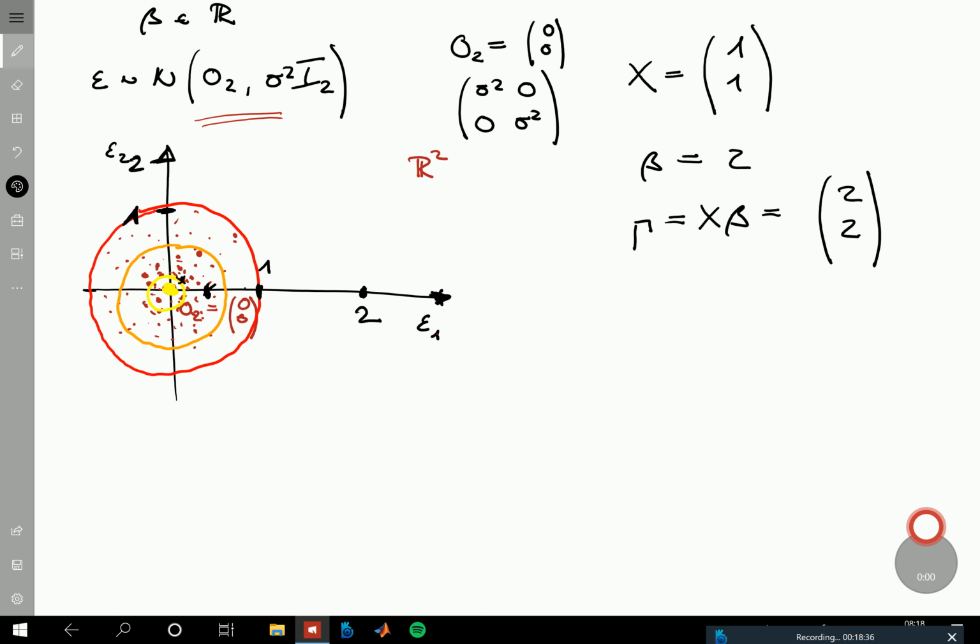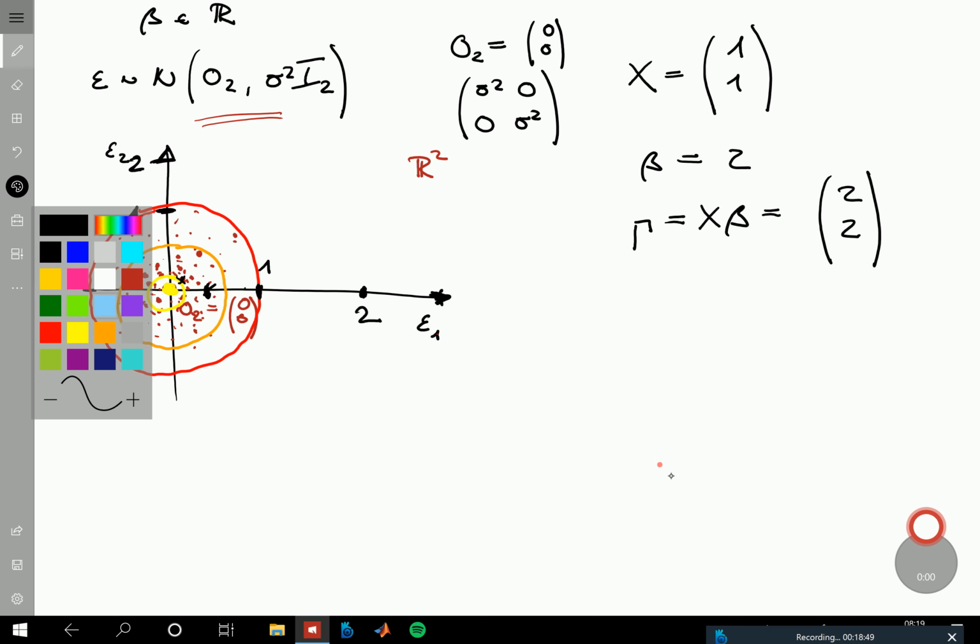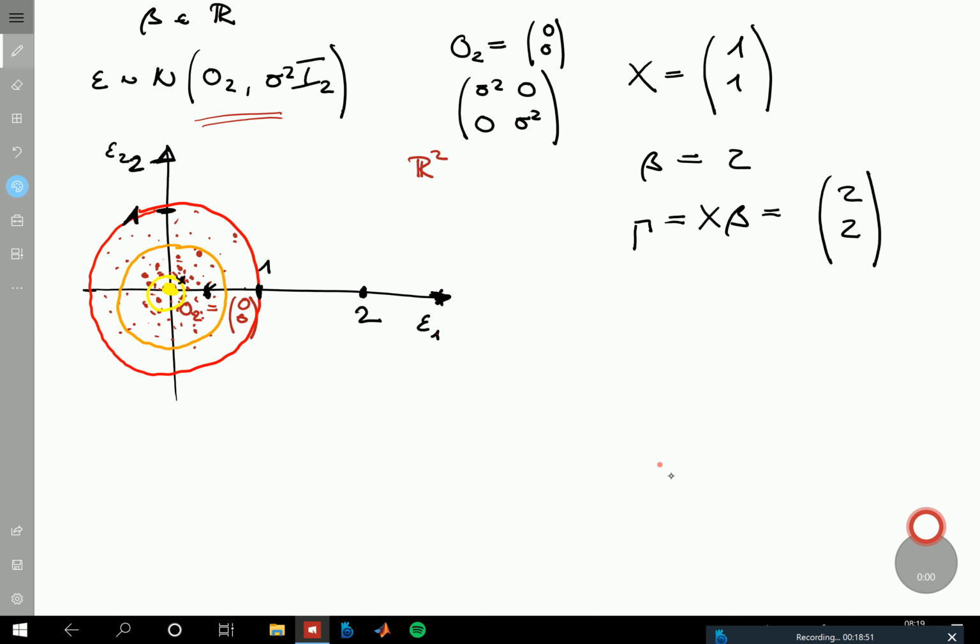2, 2, exactly, because you can either think that you move each sample, or that you move the entire density function.